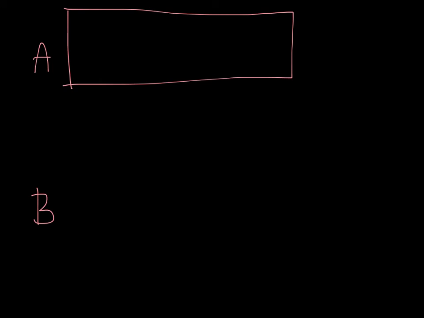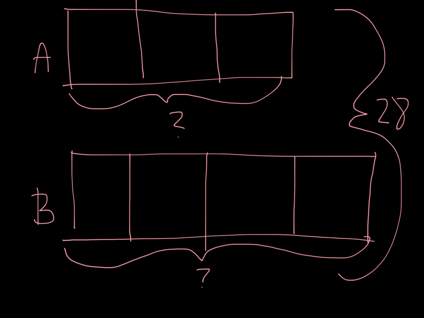And finally, the last example that I will do is this one. The last one, we have A, which consists of 3 units, and B, which consists of 4 units. And we want to find the value of each box, and then of A and B. And we already know the total.